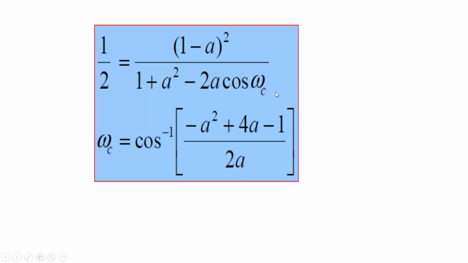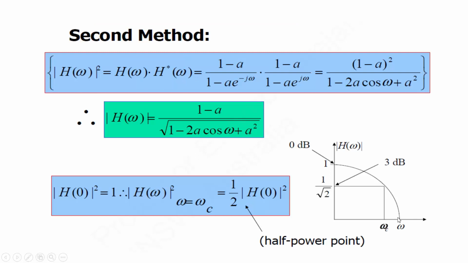From here we can calculate omega c, the cutoff frequency, given by cos inverse of minus a square plus 4a minus 1 in the numerator and 2a in the denominator. So this omega c is the cutoff frequency for this low pass filter, and it defines the bandwidth of the low pass filter.